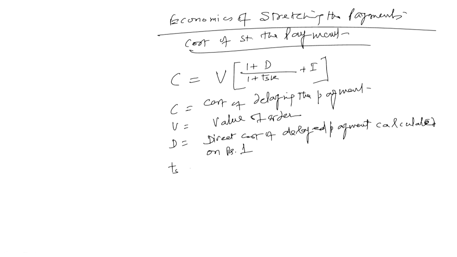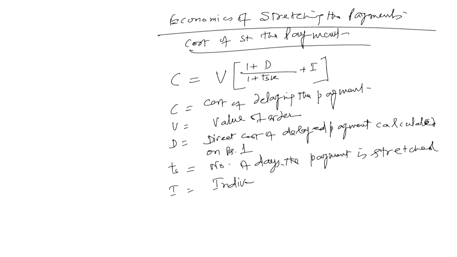TS is the number of days the payment is stretched, and I is the indirect cost of stretching the payment.